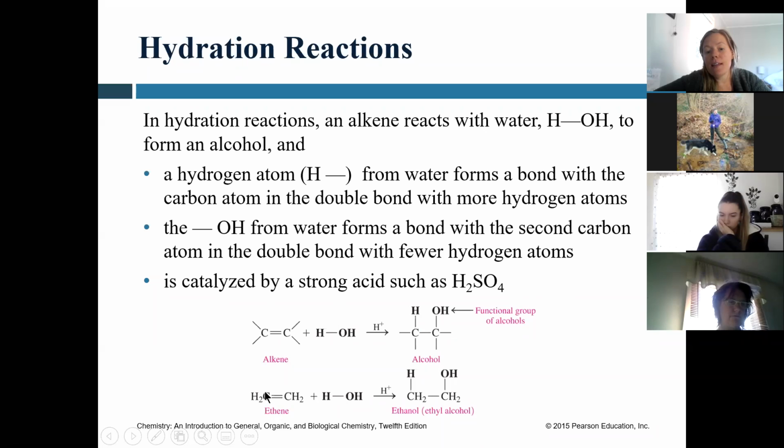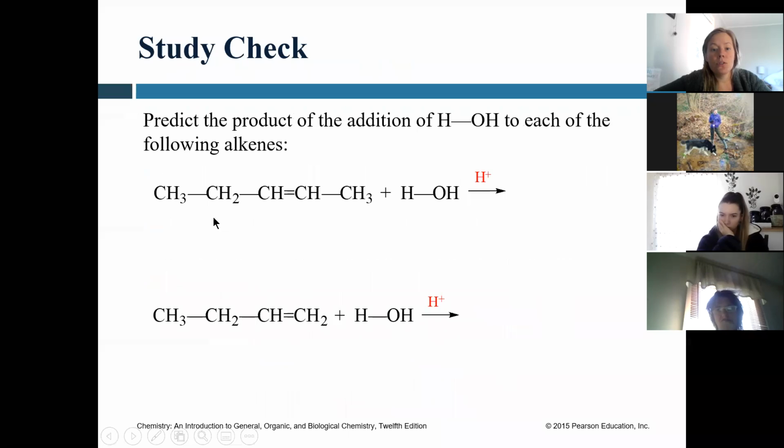So if we do this for ethene, which is just 2 carbons, we open up the double bond, we shove a hydrogen on one, we shove an OH on the other, and that makes this thing called ethanol. And I don't expect you to be able to name those just yet. We'll name those in the next chapter. So looking at this top one here, predict the product of the addition of HOH, which again, this is just referring to H2O.